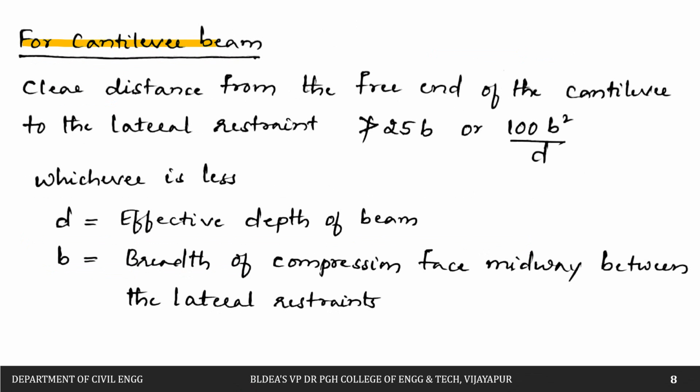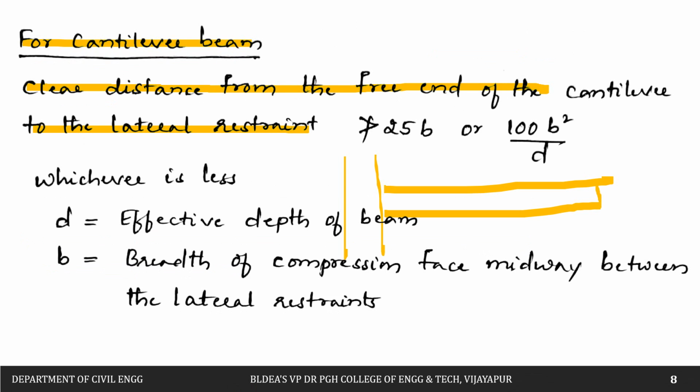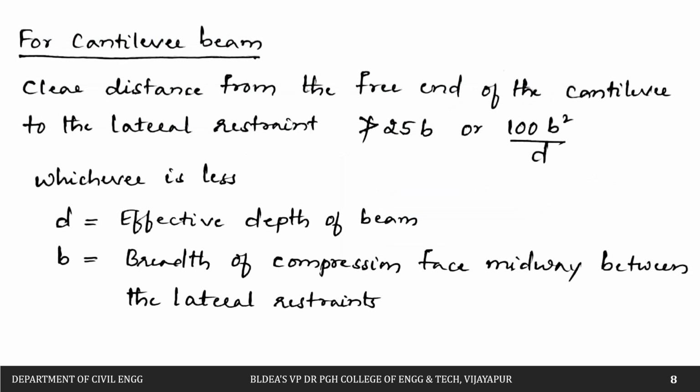For a cantilever beam, the clear distance from the free end of the cantilever to the lateral restraint, for example, if this is the column we have and this is the beam we have, so from the free end of this cantilever to the lateral restraint, this distance shall not be greater than 25 times b or 100 times b square by d, whichever is less, where b is the breadth and d is the effective depth.